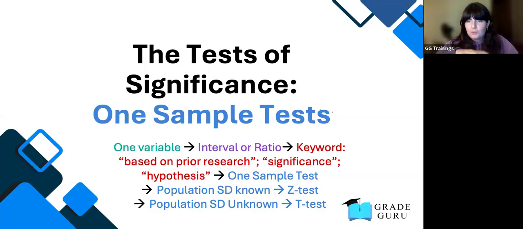So when you're left with the one sample test, you've got your one sample z-test and your one sample t-test. What is the difference? Because these two are almost identical. It has to do with whether or not you know your population standard deviation. Like I said earlier, you are never able to calculate a population SD.